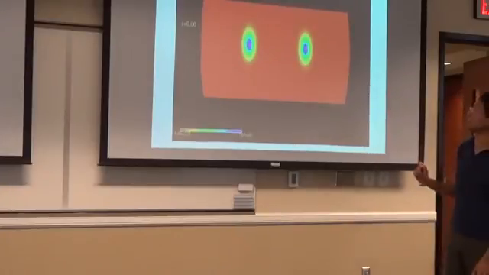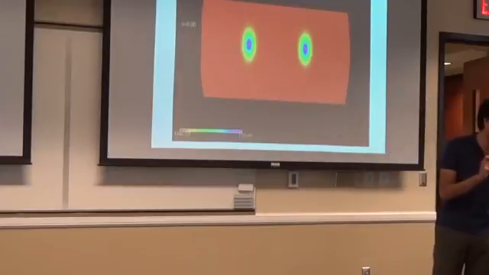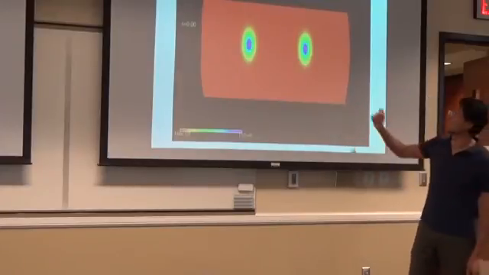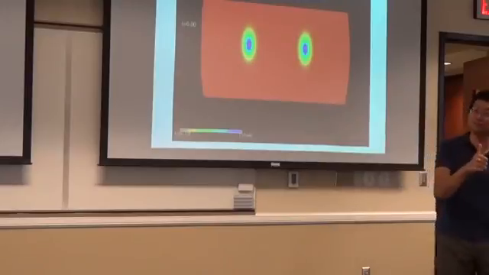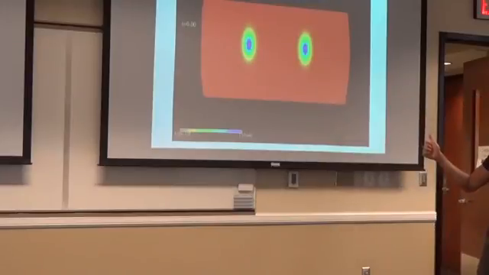I've just made profiles like this so that I get the sort of horizons I want. Eventually, instead of starting from rest, which is too easy and too trivial in some sense, on the other hand, I don't want to solve the full binary black hole initial data problem because that's hard.